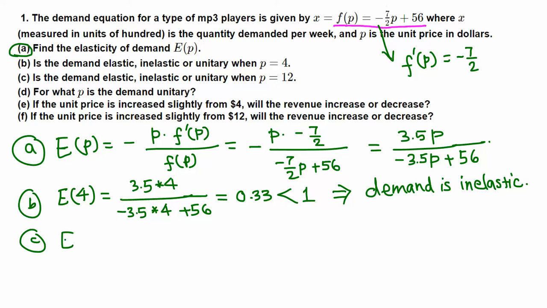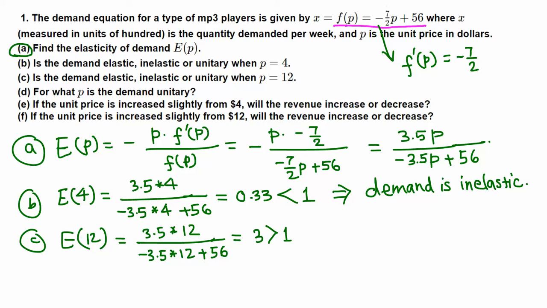Same thing, let's evaluate this elasticity of demand at 12. So E(12), plug in 12 here. 3.5 times 12 over negative 3.5 times 12 plus 56. Use your calculator, that's 3, which is bigger than 1.